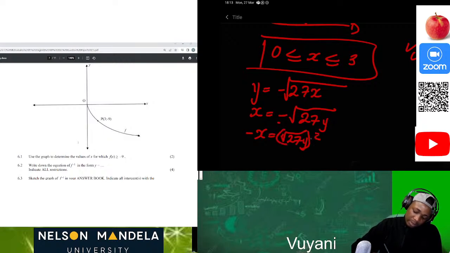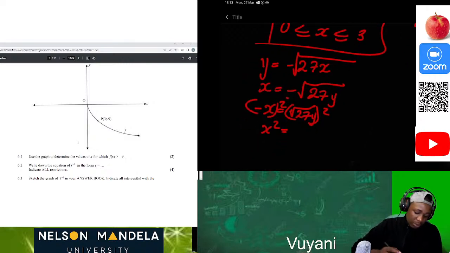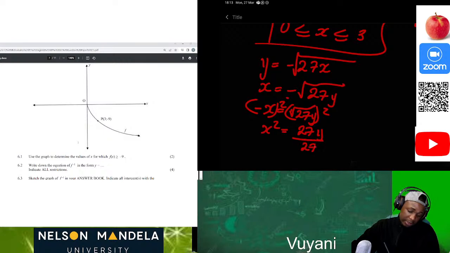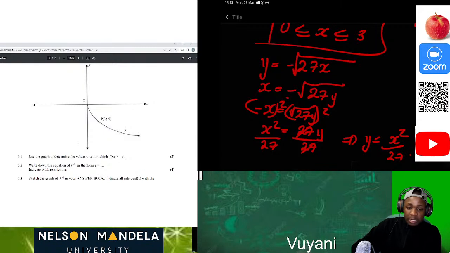Then we square both sides, then x squared is equal to 27 y. Then we divide by 27, we divide by 27, then y is equal to x squared divided by 27.